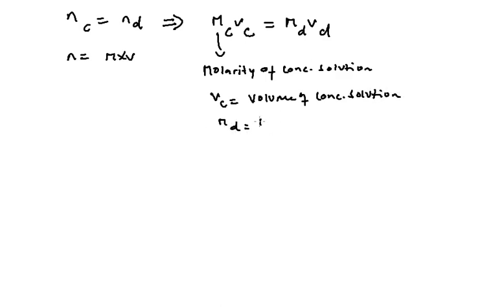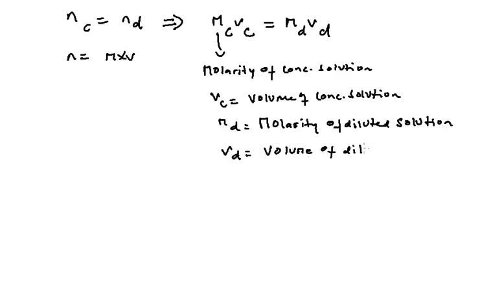MD stands for molarity of the diluted solution. And finally, VD stands for volume of diluted solution. So the concept here is that the number of moles of a concentrated solution and the number of moles of a diluted solution will remain constant. So that will lead us to this formula MCVC equals MDVD.